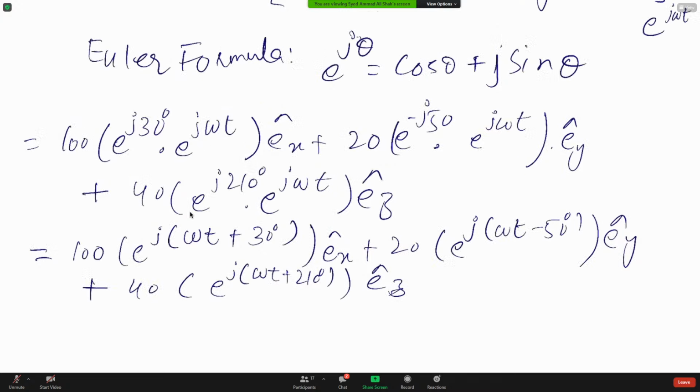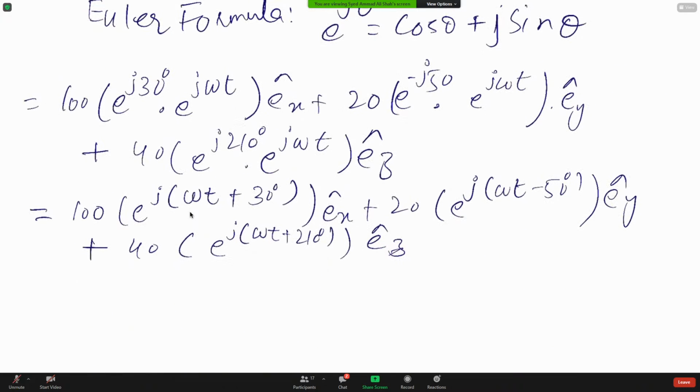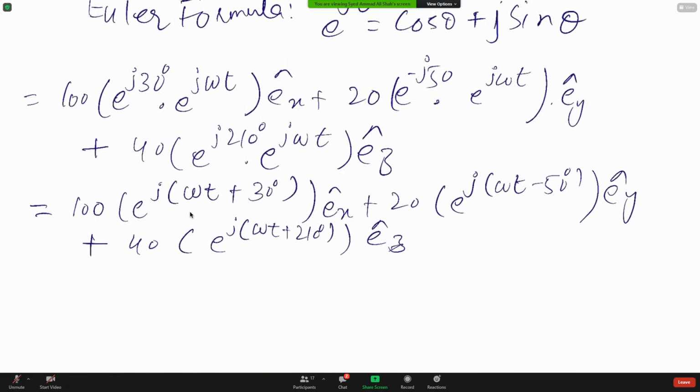So now as I wrote the Euler formula, you convert this exponential form into cos and j sine theta form. Now I'm not going to use the j sine theta part. Why?